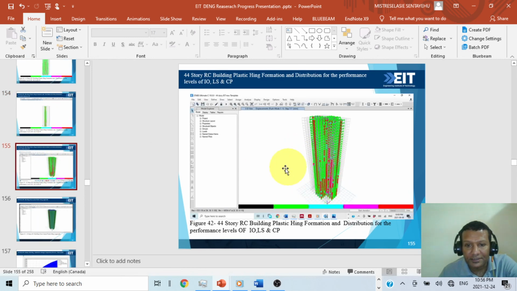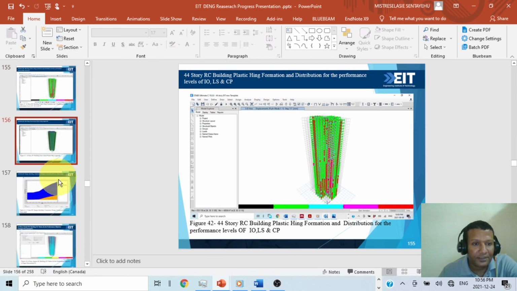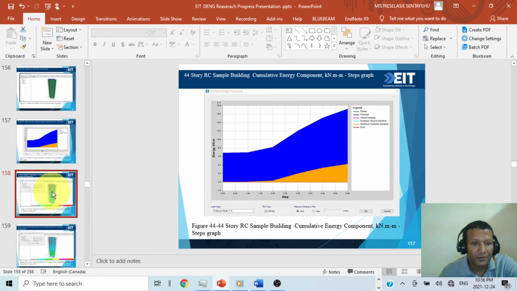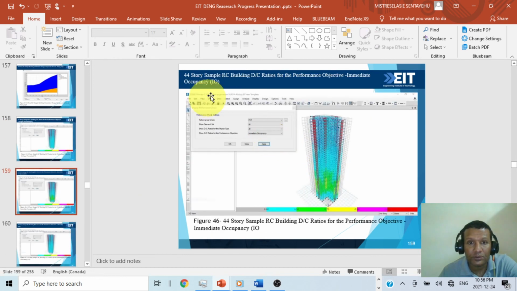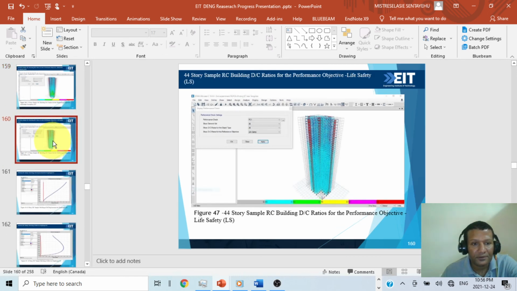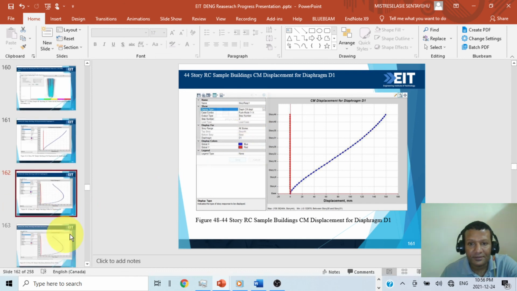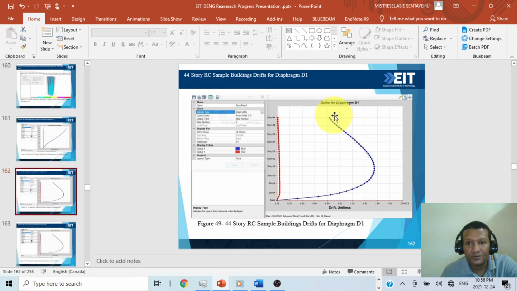It will show you like this, and the energy dissipation also, and this one also, how with respect to one target IO level, the others are also checked like this. And the pushover curve, this is the displacement and pushover curves. This is also drift.